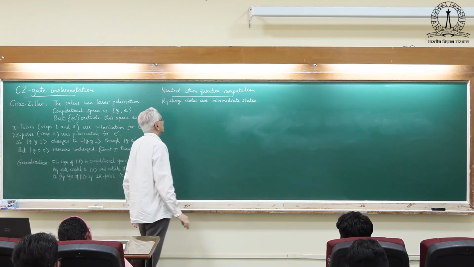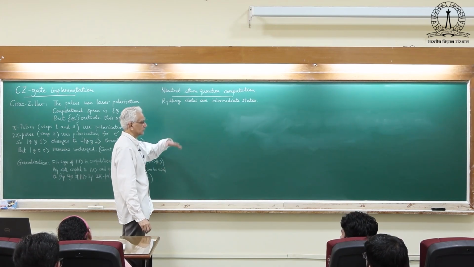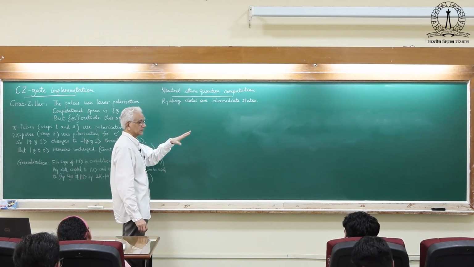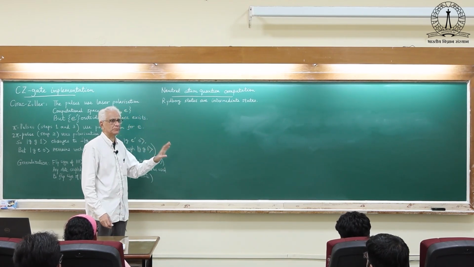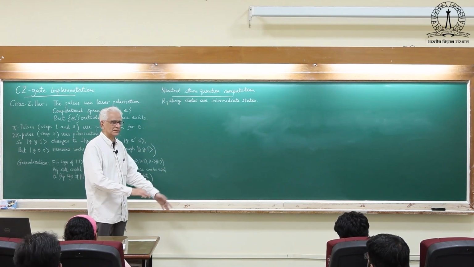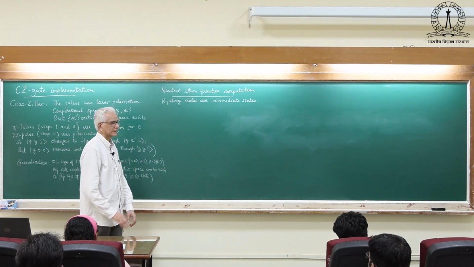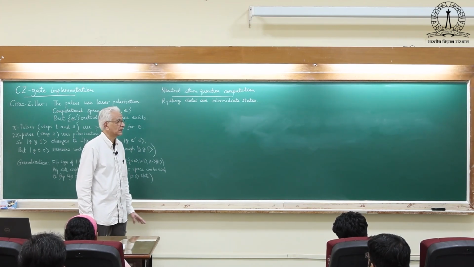And the important point of intermediate states is that they don't have to survive very long. They have to survive only for the duration of the pulse. Ground state has to be stable. It has to be there for a long time, and there you need long coherence times and all those kinds of properties.